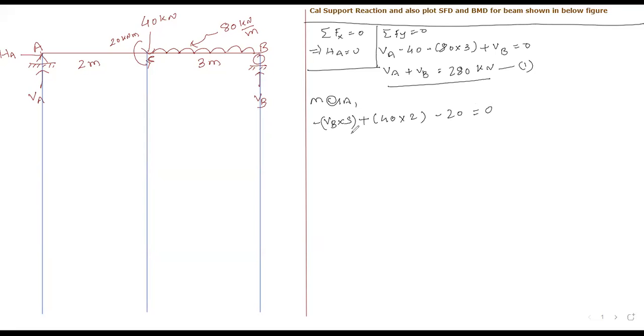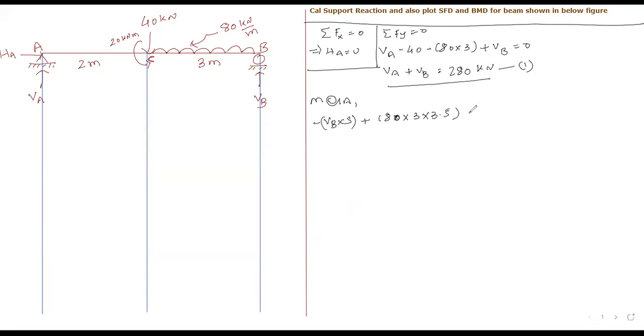Sorry, just a minute. I am writing this equation again. We have forgotten to consider UDL. Don't worry. I am writing this equation again. Minus VB into 5 plus 80 into 3, 80 into 3 into 3.5. I hope it is clear to all of you.